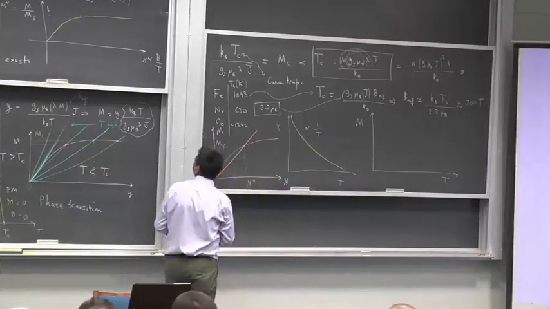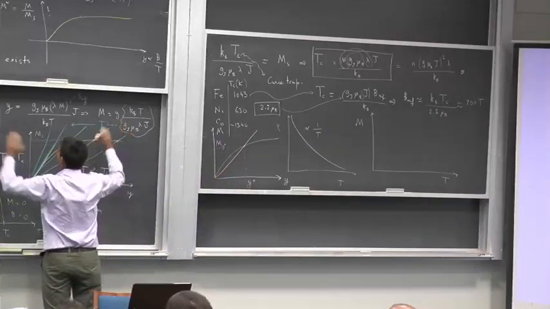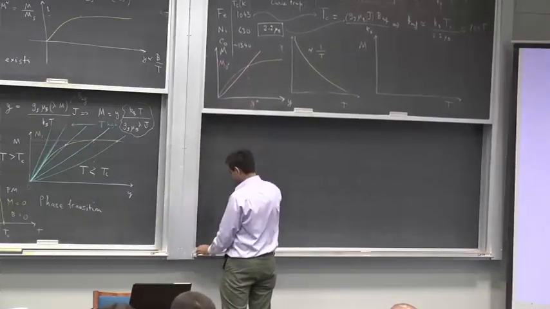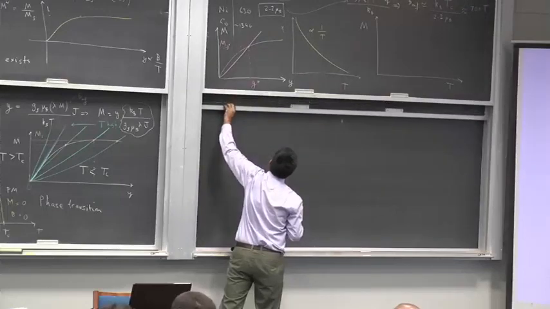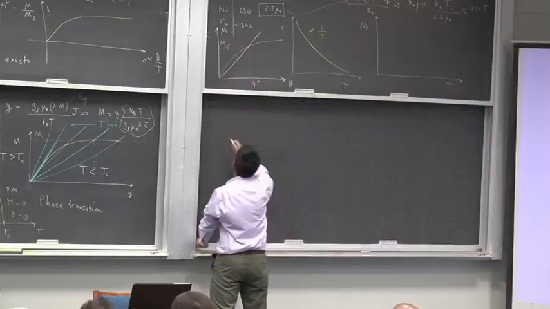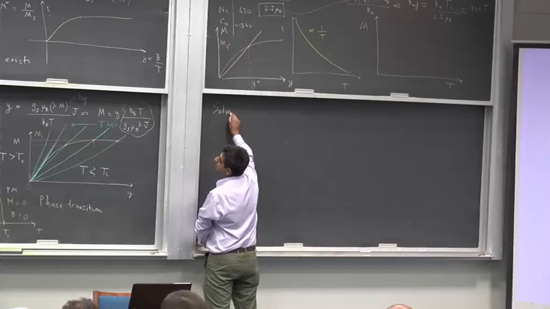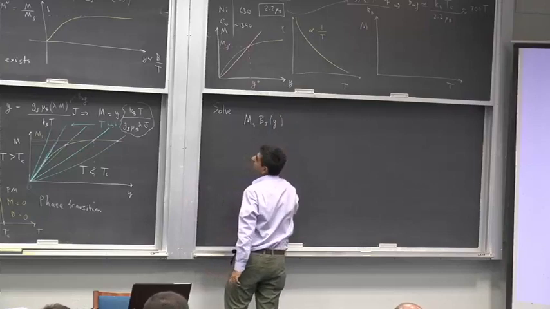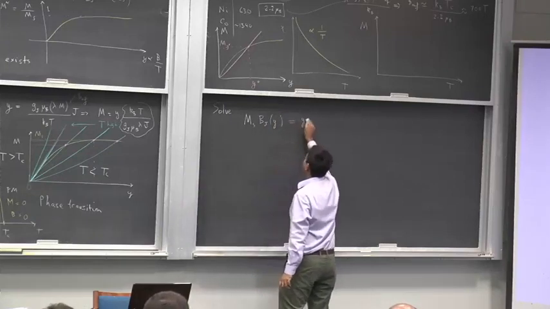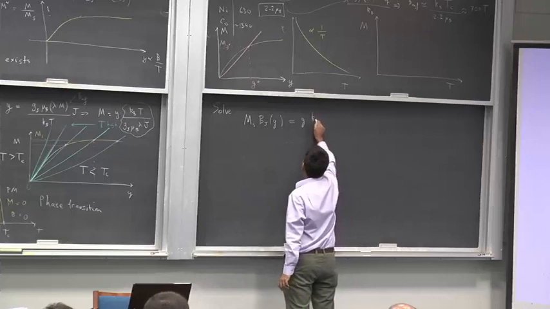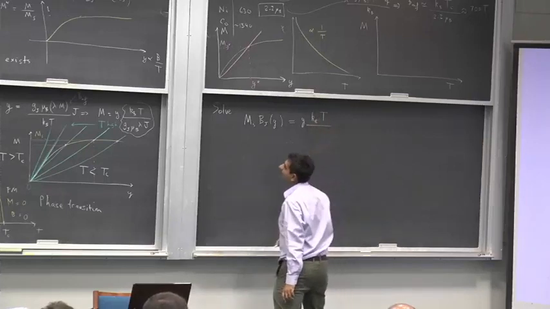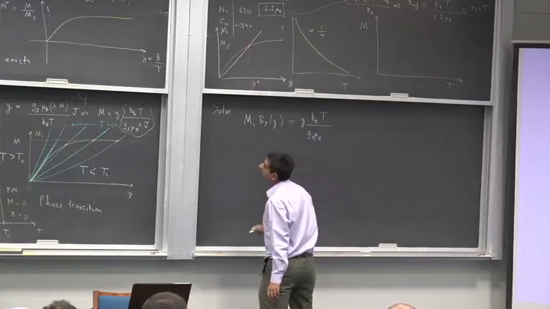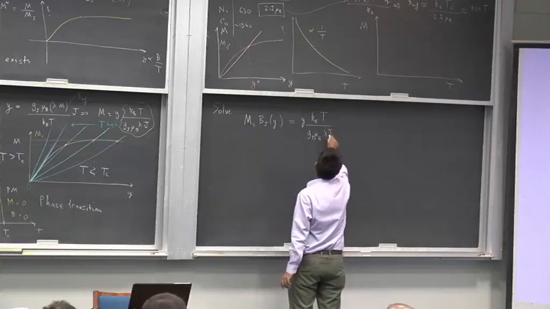So what we would like to do is we would like to solve these equations right over here. So we would like to do the following. We would like to solve Ms B_J(y) = y kB T / (gJ μB λJ).